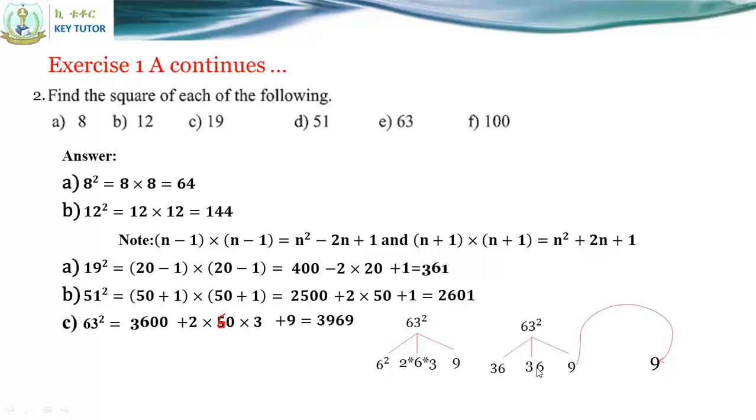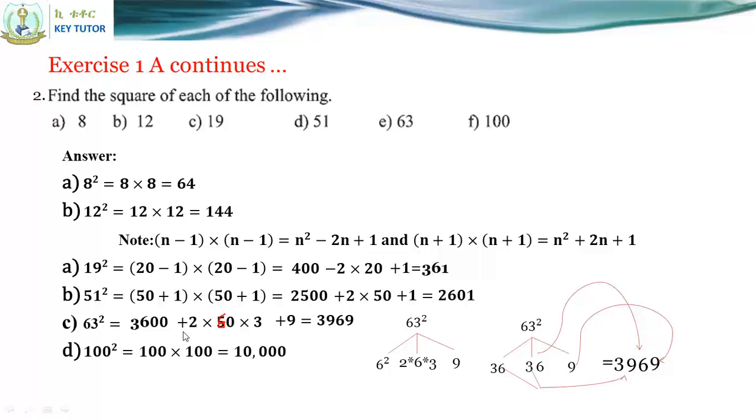From it you take 6. Then take 3 as a carry and add it up onto 36, becomes 39. So altogether 3969.